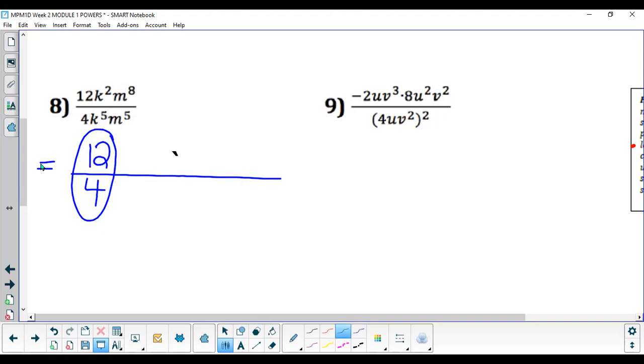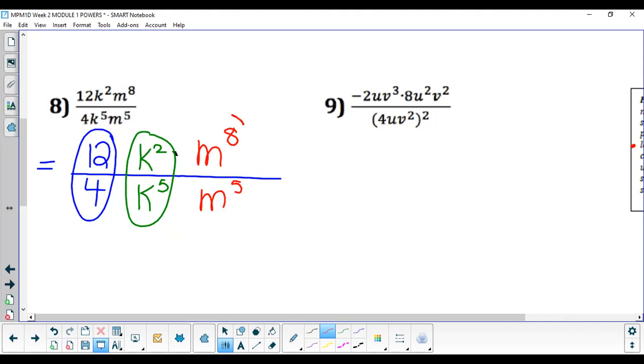So I have k to the power of 2 divided by k to the power of 5. And then finally, I have my m variables. I'm going to do those in red. So m to the power of 8 divided by m to the power of 5. I'm just rewriting and color coding the questions. That's going to help me see how to solve them and tackle them separately.